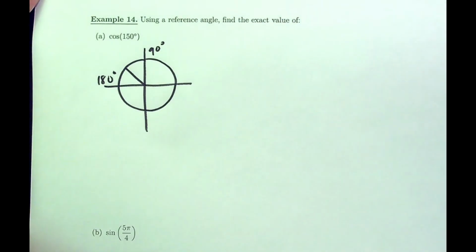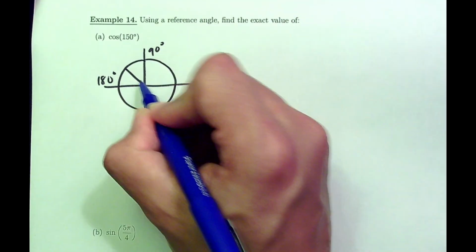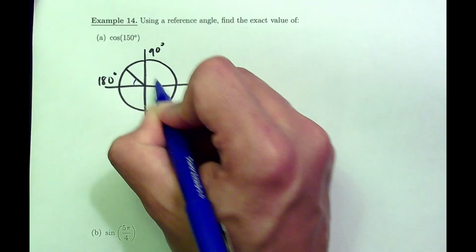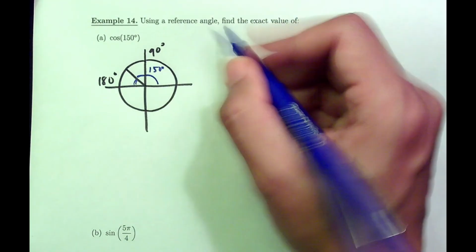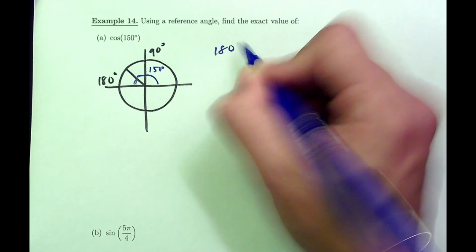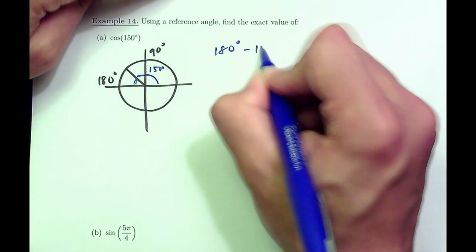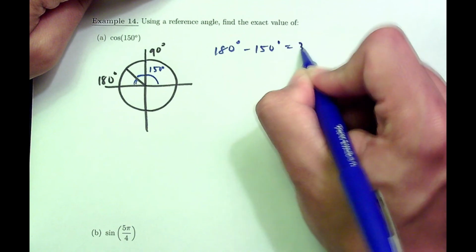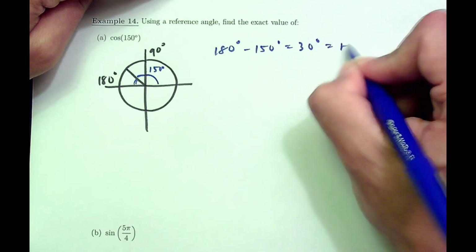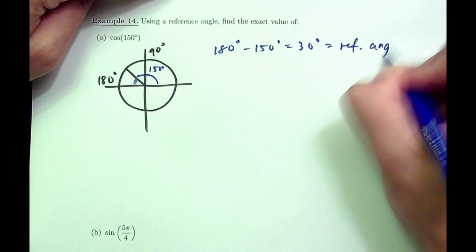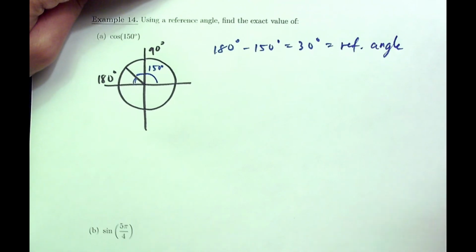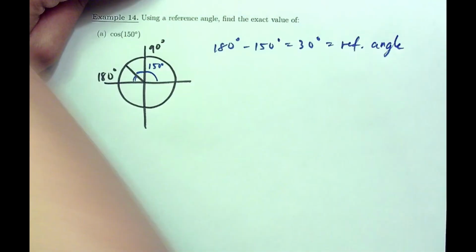The reference angle of that is this. So this is 150, and this little piece over there is the difference. So 180 minus 150 is 30 degrees, which is the reference angle.